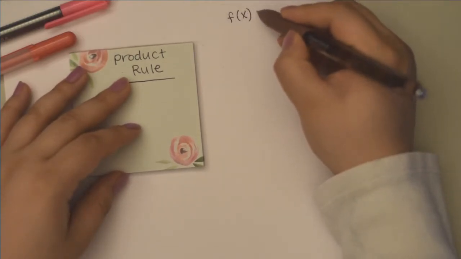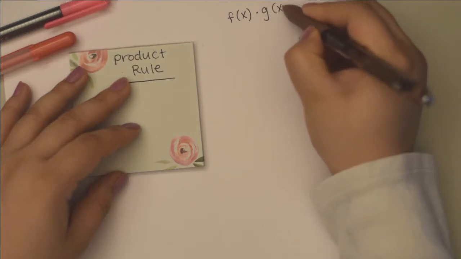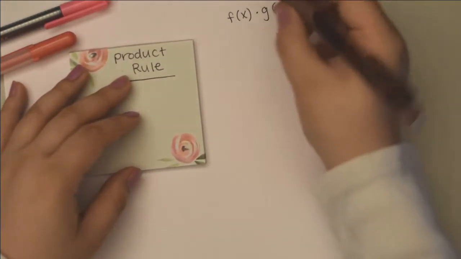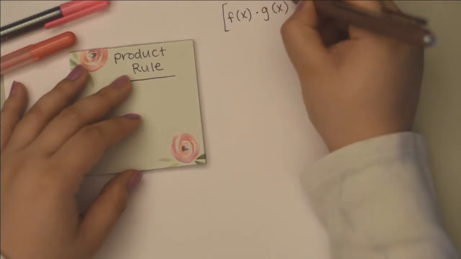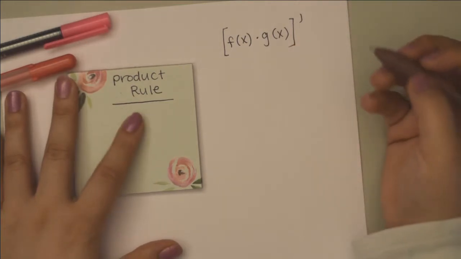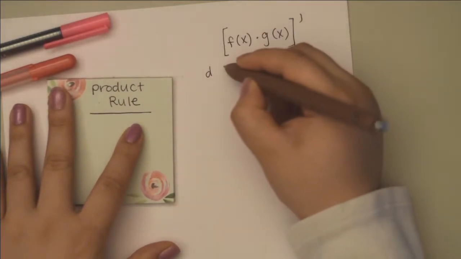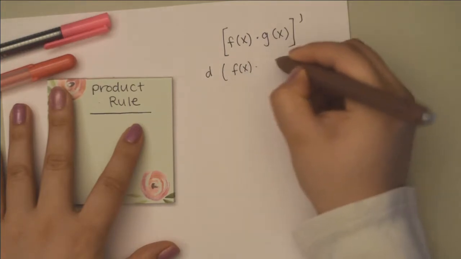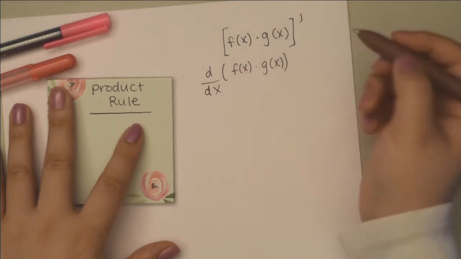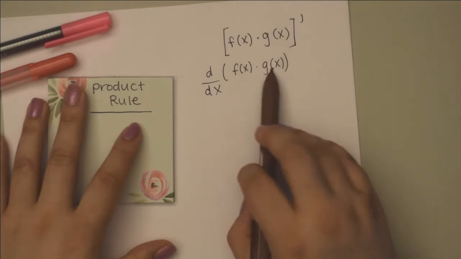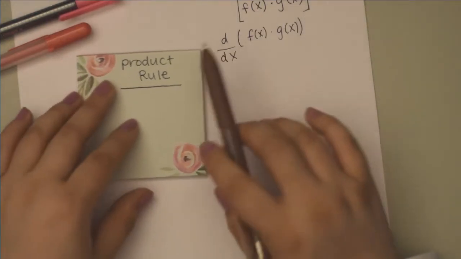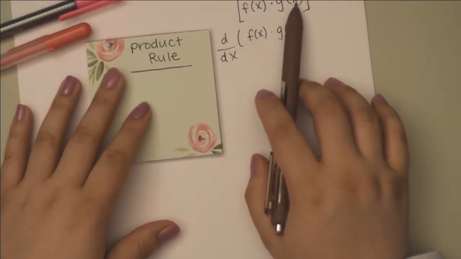If we have f of x times g of x, so another function, and we're multiplying them together, hence the product, and we were to take the derivative, either you can write that as this with a little prime, or you can just write d of f of x times g of x over dx. Okay, and you can squish them together, so fx gx. This product rule tells us what to do when we find the derivative of this.